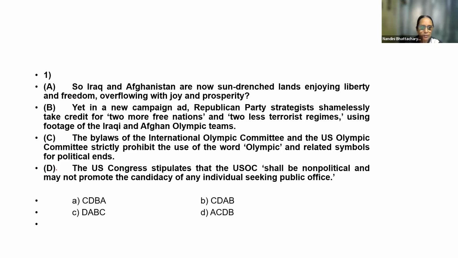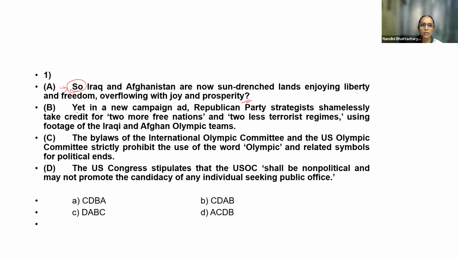So we have 4 sentences and you have options given to you. Right? So it begins with, so Iraq and Afghanistan are now sun-drenched lands enjoying liberty and freedom, overflowing with joy and prosperity. And it begins with so. This cannot be an introduction. It will follow from something that has been said before.